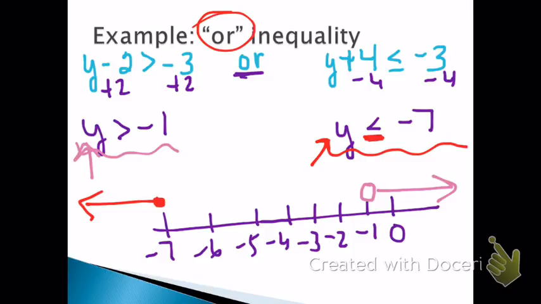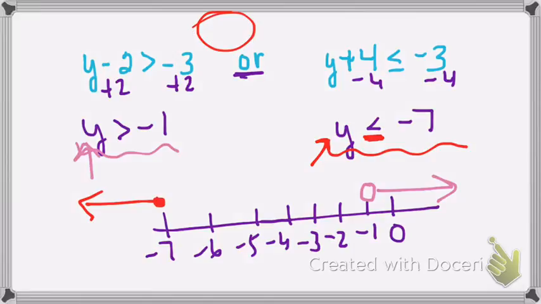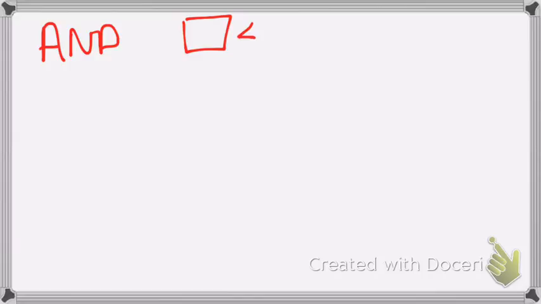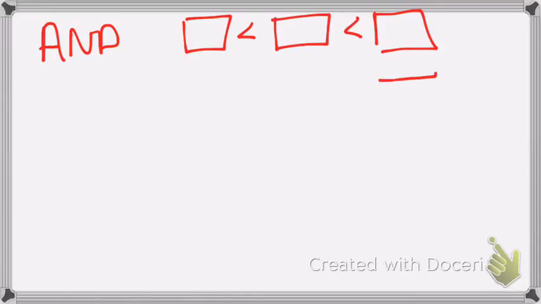That being said, let's summarize a little bit. If it is an and, it could be written with the actual word, or it could be where you have an inequality, something in the middle, and another inequality. These are ands. And for that graph, you know that your arrows are going to be pointing towards each other.